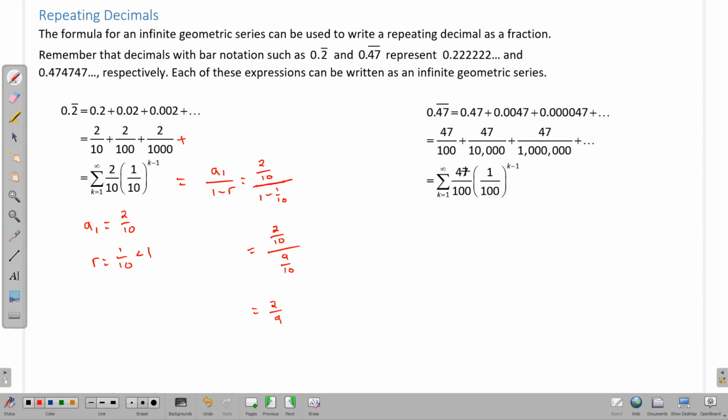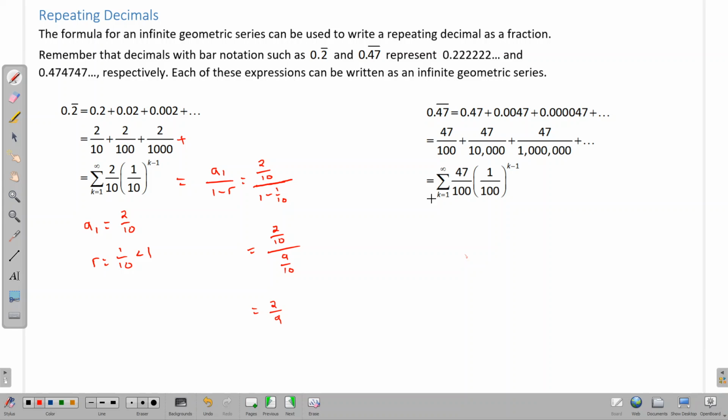So the first term is 47 hundredths, but this time the R value is 1 over 100. The 100 is coming from the fact that you have 2 decimal places. The number of zeros is, think of it as the number of decimal places there. Since we're adding on 2 zeros each time, we're getting that by multiplying by 1 over 100.